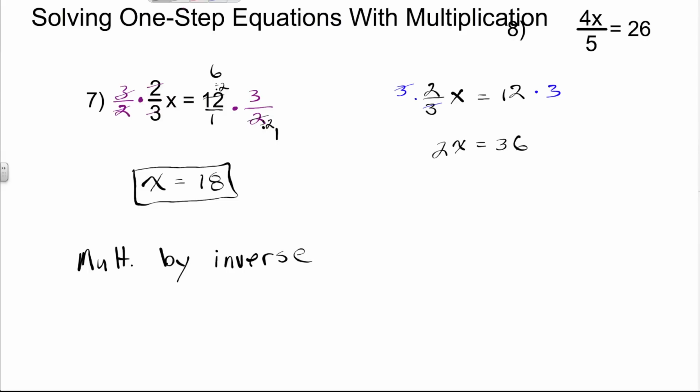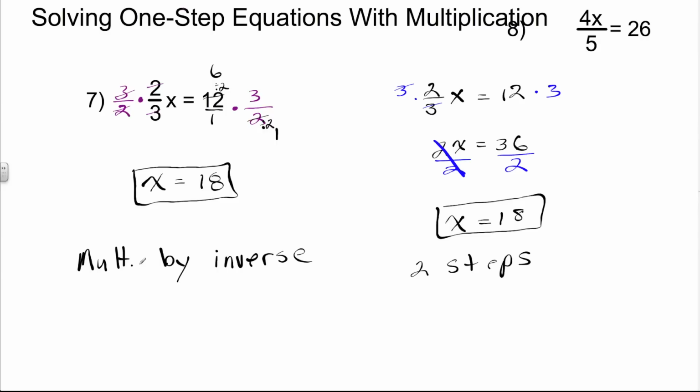Next, I'm going to divide both sides by 2, which is going to leave me x on the left-hand side equal to 18. And what I did here is I did 2 steps instead of just 1.